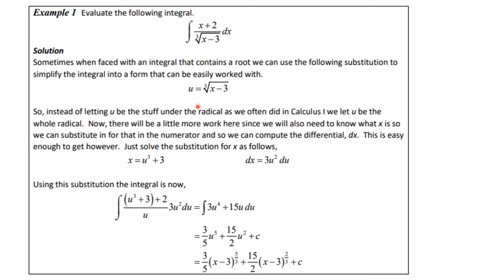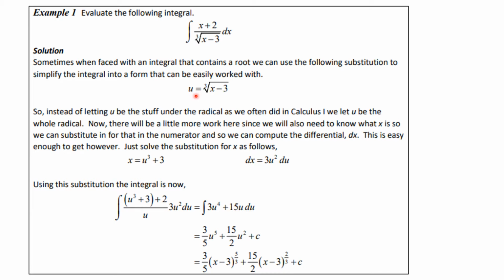All right, the substitution that will work this time is letting u equal the cube root of x minus 3. We're not letting u be the stuff under the radical because that's not going to work. In this case, you will crash and burn if you did it. Now there is going to be more work, and in fact, here's what we're going to do.